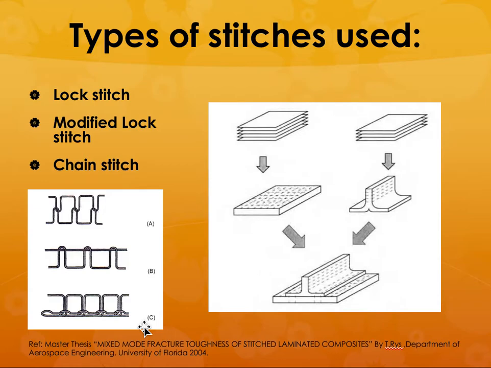You can have a lock stitch, modified lock stitch, or stained stitch. So these are all different ways in which you can join them together. So here is a schematic of the joint types, and this is what is used for a lot of stitched joints. But nowadays people are moving away from all that and sticking with the type of joints that are used with addition.